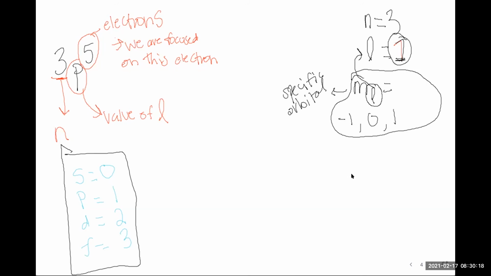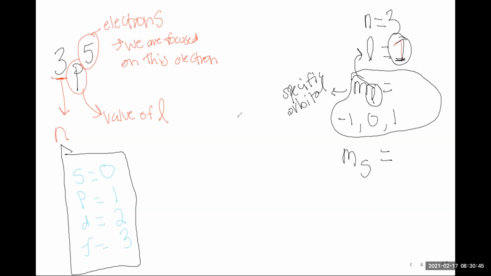So the last quantum number we said was spin. What is our spin going to be? Is it going to be positive or negative? It depends, right? Let's actually do this whole example.